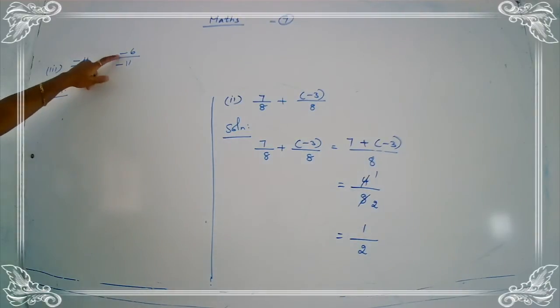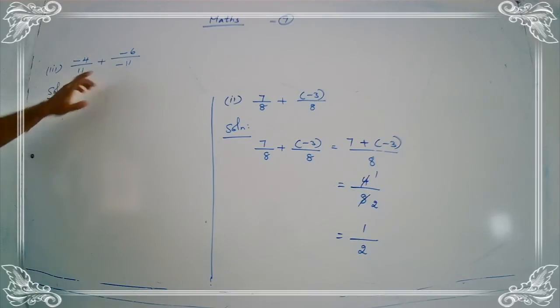Minus 4 upon 11 plus minus 6 upon minus 11. Okay, so now you add. You see that, first you check this is a standard form or not.